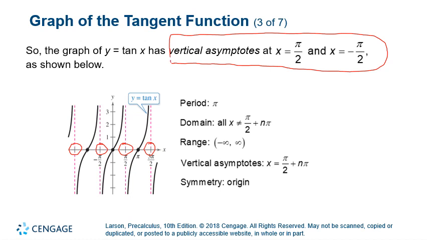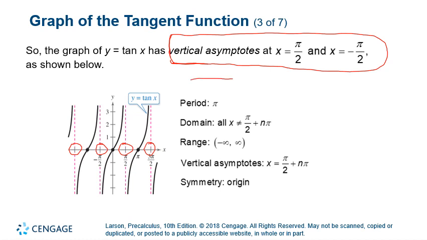And that's why we learn about that in Algebra 2. It does happen in other functions besides rational functions. And in the sense that tangent has a denominator and a numerator, it is considered kind of a rational function simply because the denominator can be 0. And that's where these vertical asymptotes come from.